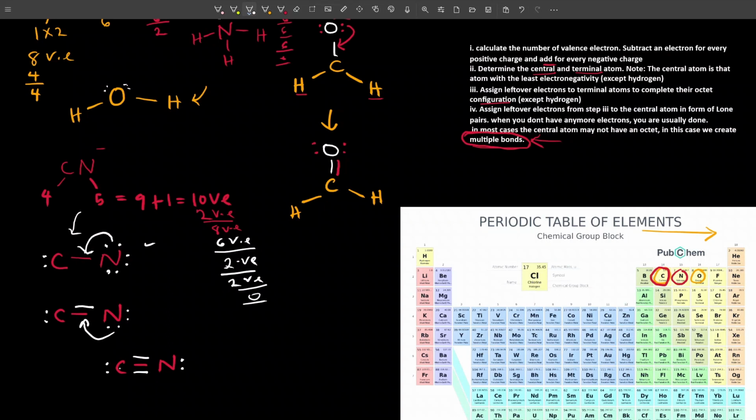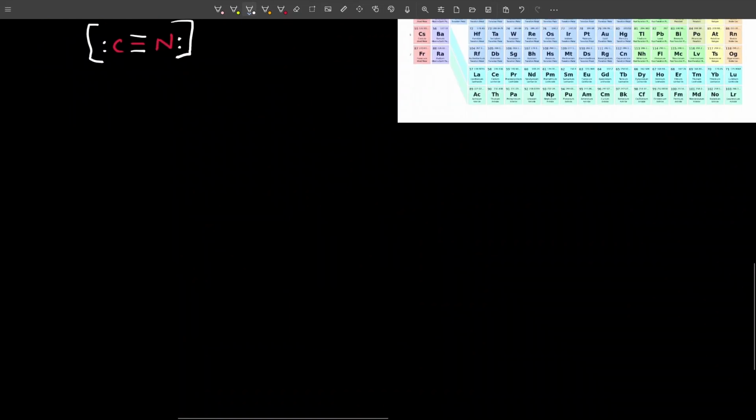Does carbon have a stable octet? Yes, it does: 1, 2, 3, 4, 5, 6, 7, 8. Does nitrogen have a stable octet? Yes, it does: 1, 2, 3, 4, 5, 6, 7, 8. Because this is an ion, we put this in square brackets and add a negative charge.